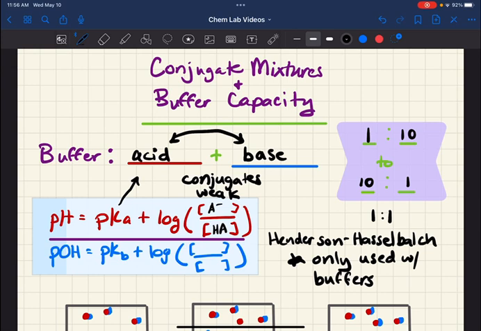If, however, we're thinking about it from the base context, I'm going to draw a loopy arrow here to show that the pKb is coming from the base that we're using in our buffer solution. The pOH is equal to the pKb of that base plus the log of, you'll usually see HB, like conjugate acid, and that over the base concentration.